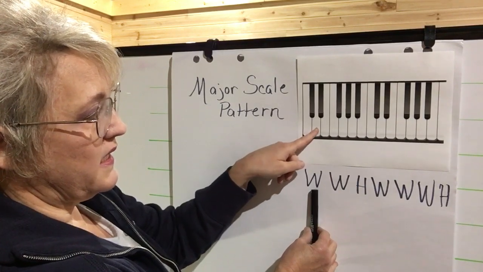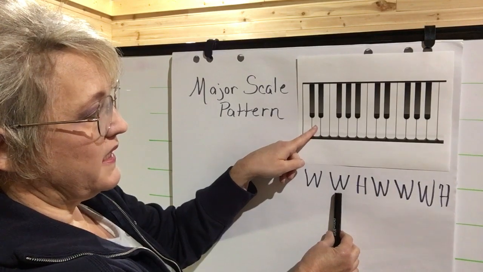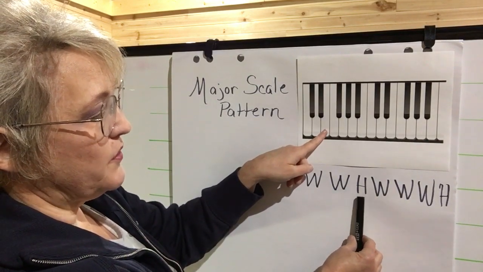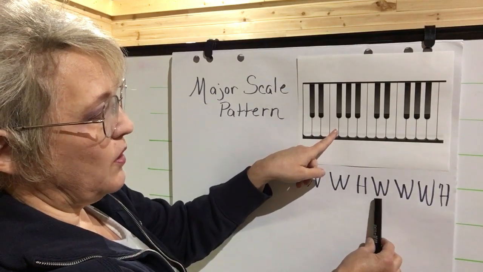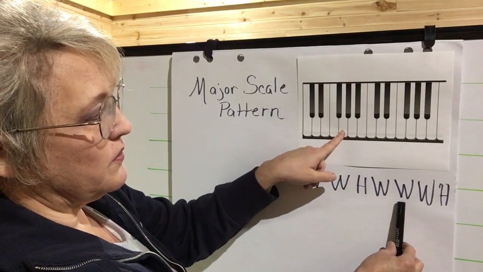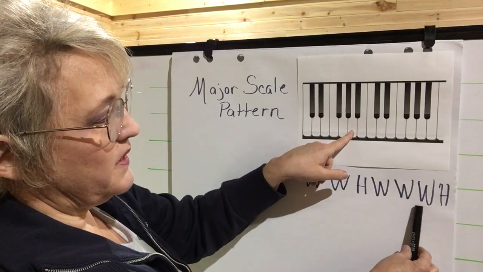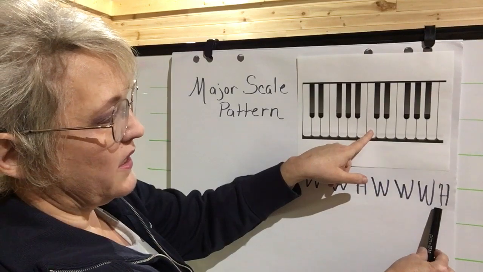So C, D. Now we go up another whole step, D to E. And now from E we go up a half step. Well, there it is right there. And from there we go up a whole step. And from G we go up a whole step. And now we go up another whole step. And then one more half step there.